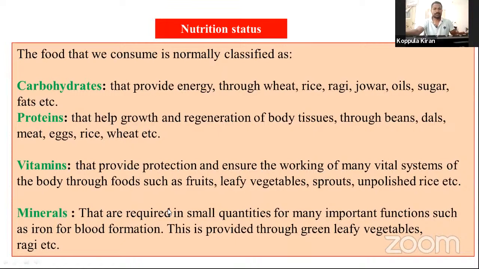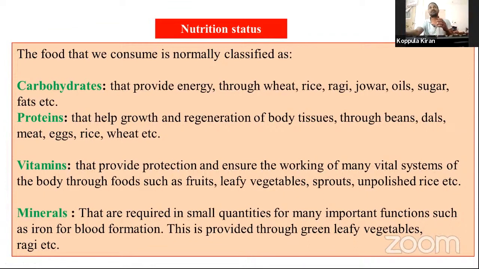See this, they are required in small quantities for many important functions, such as iron for blood formation. This is provided through green leafy vegetables and ragi. These are very important. Iron is very important to the human body.